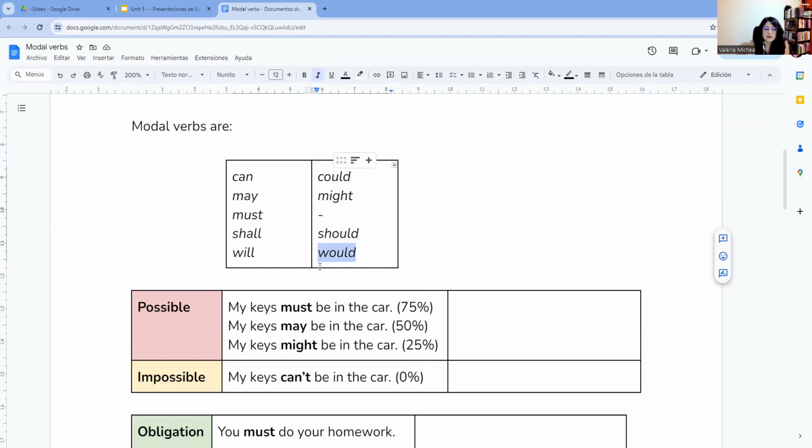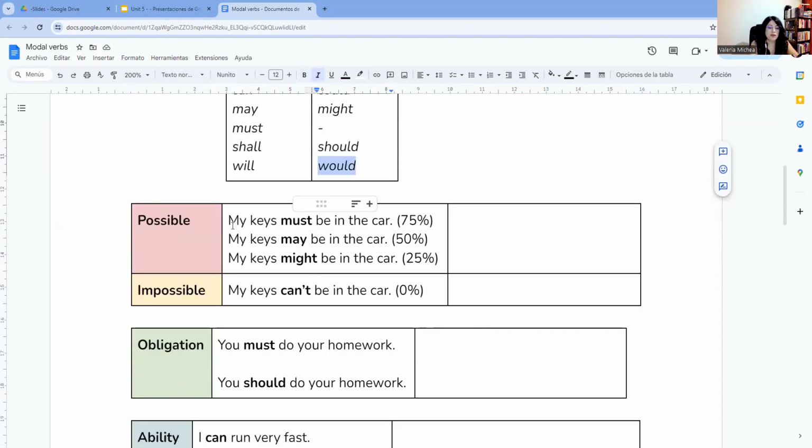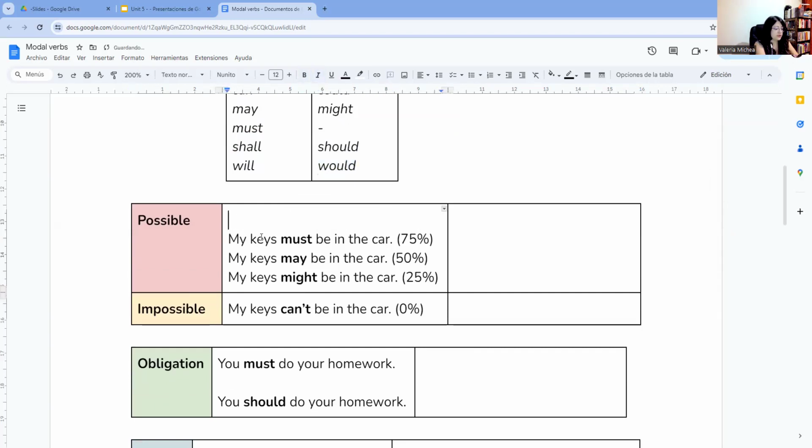So now we are going to put them into categories. If we have possibilities, I'm going to add can here, in the car, just because last class we were using it, so let me add it right now. My mouse is killing me.